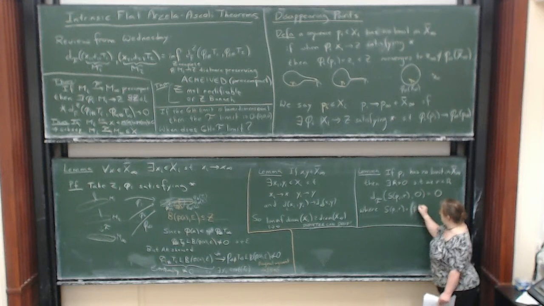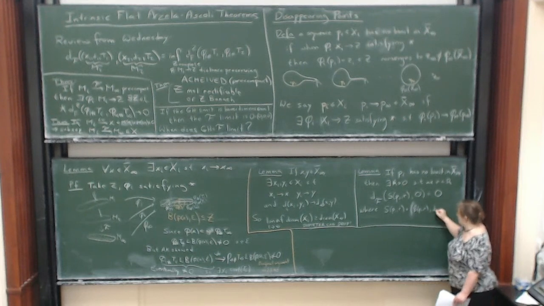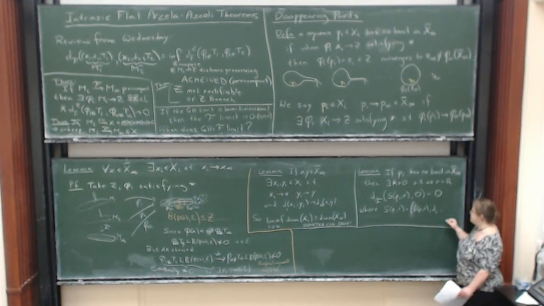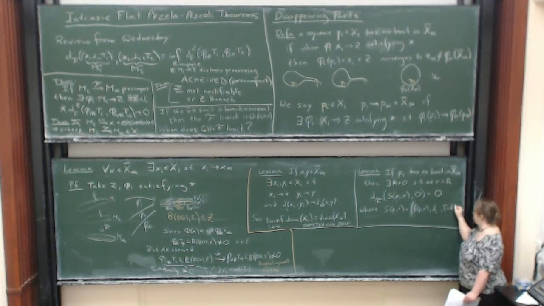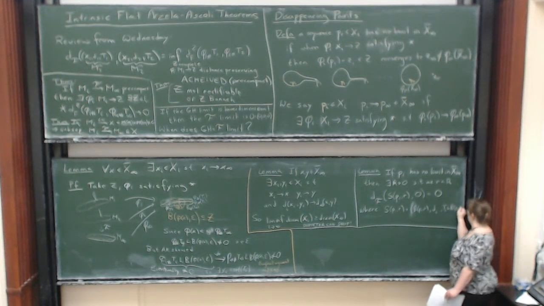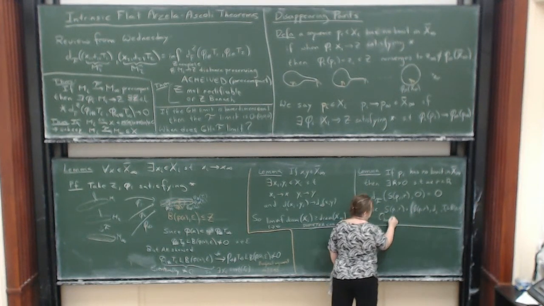by taking the closure of the ball B_{p_i}(r), with distance d_i, and T_i restricted to B_{p_i}(r). So these are balls viewed as integral current spaces.